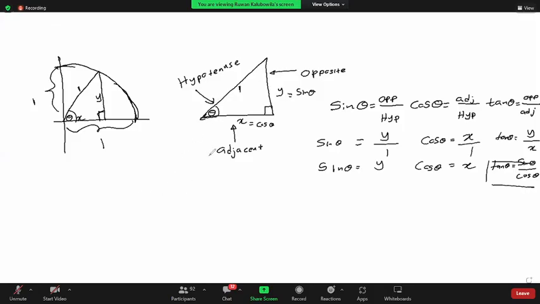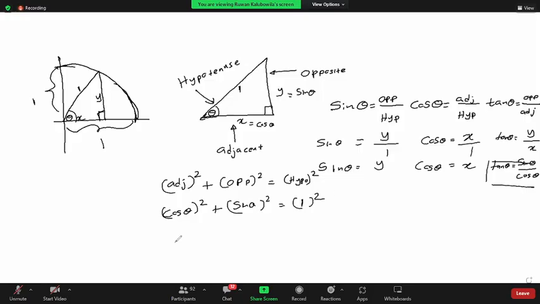If this is a right triangle, you know the Pythagorean relationship: square of x plus square of the opposite should be equal to square of the hypotenuse. Adjacent is cos theta, opposite is sin theta, and the hypotenuse is 1, squared.